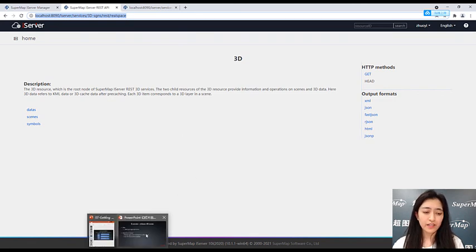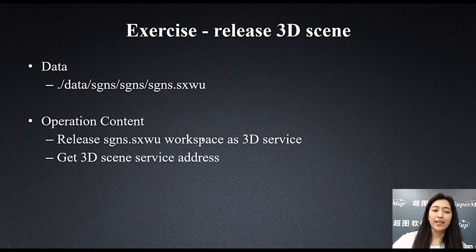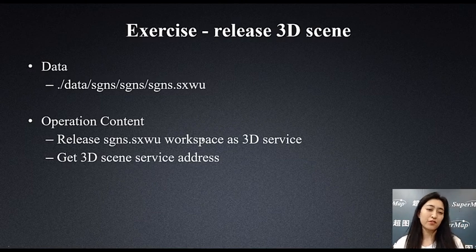Okay, so that is our first exercise: to publish our sgns.sxw workspace as a 3D service and get a 3D scene service address.